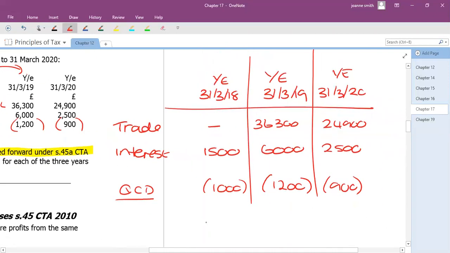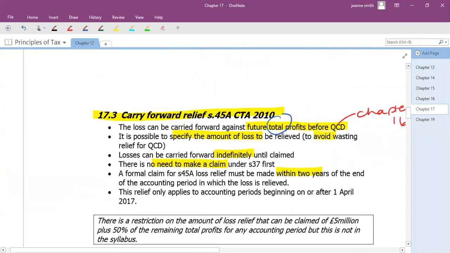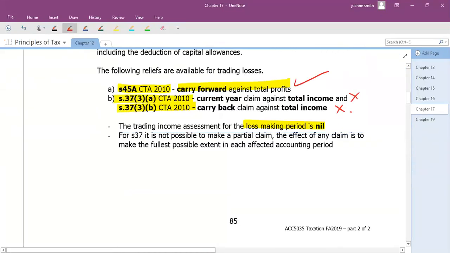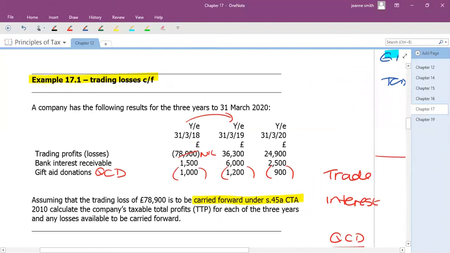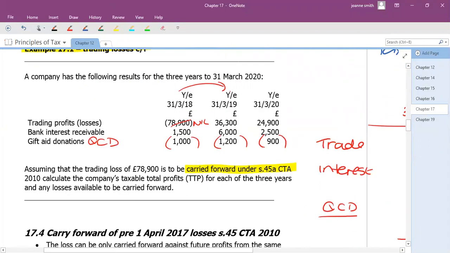Now, for the current year, we're going to add it up because we're not relieving it against current year. Current year is this option of section 37, and we're not going to be examining on that, so I'm not going to show you how to do that. All we want to do is carry the loss forward.